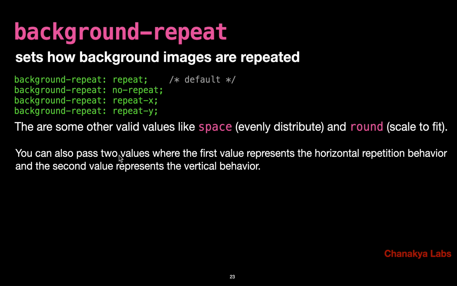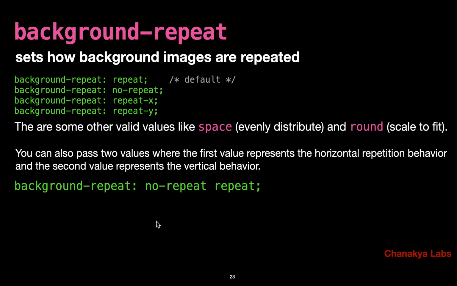You can pass two values. The first value represents the horizontal repetition, and the second value represents the vertical repetition. Let's say my requirement is no-repeat and repeat.